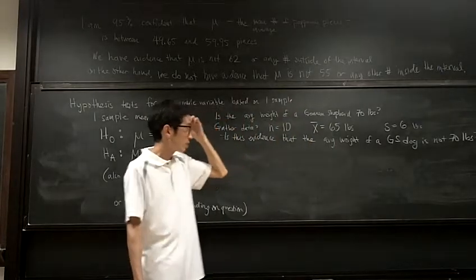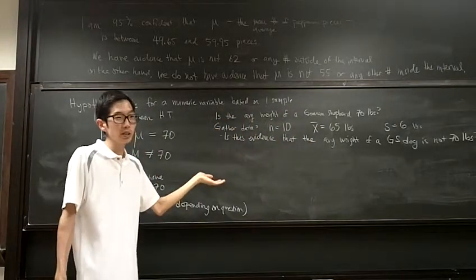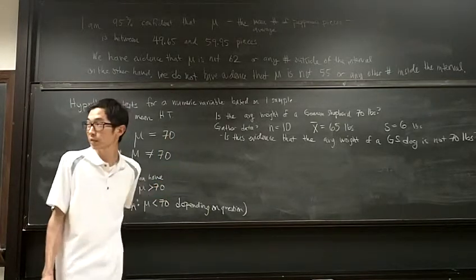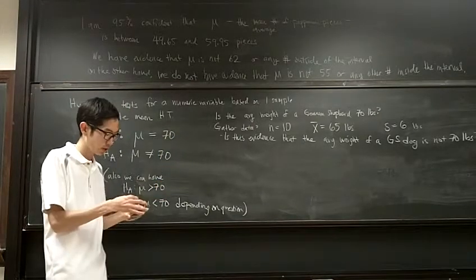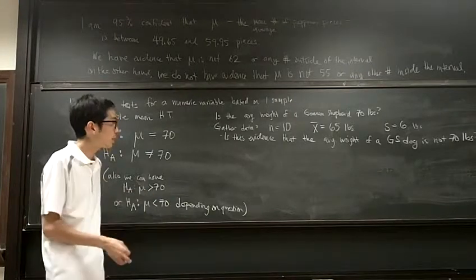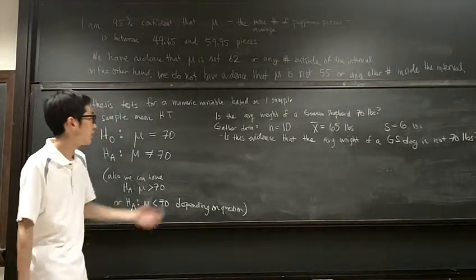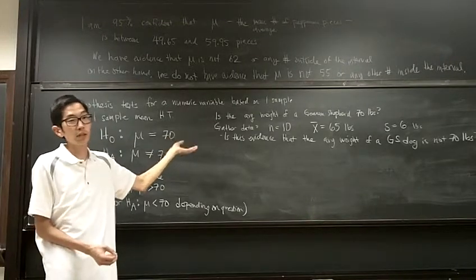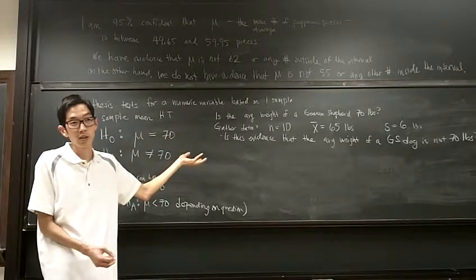So the p-value is the probability of observing our data or something more extreme if the null hypothesis were true. So if the null hypothesis were true, anytime I take a sample of 10 German Shepherds, what would I expect my average to be? 70 pounds.